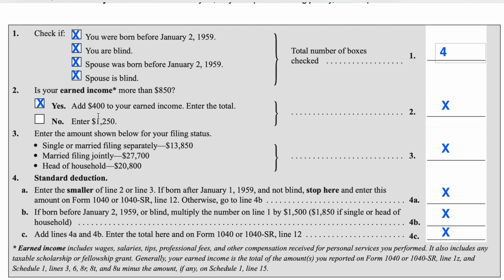So in this case, we just said that our earned income is more than $850. Let's say it's $1,000. So to that $1,000, we're going to add $400, and that means our line 2 is $1,400. So John and his wife are married, filing a joint return.